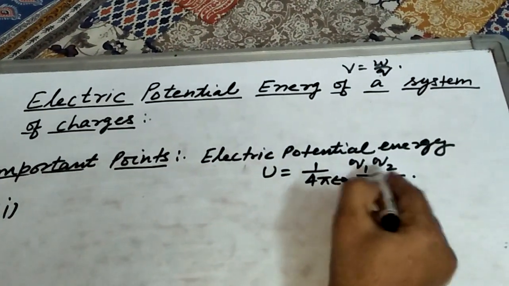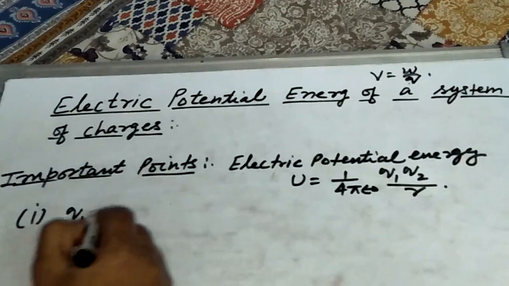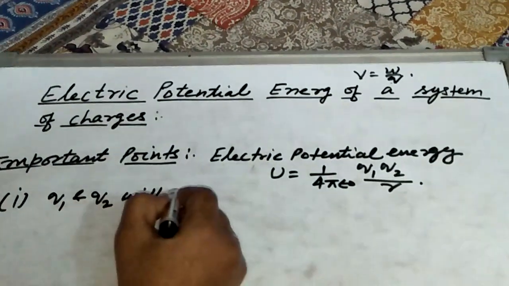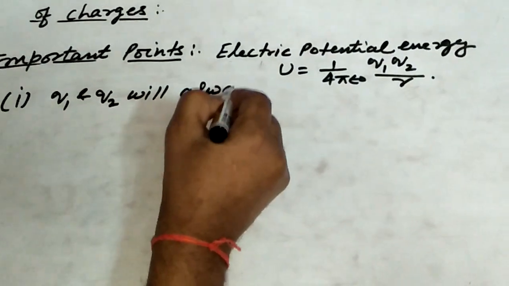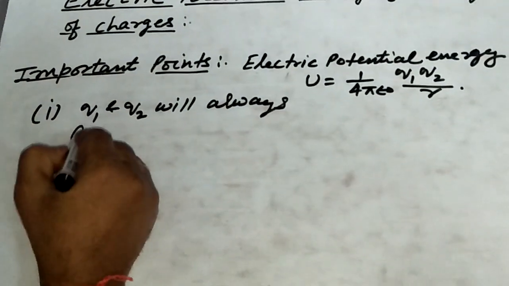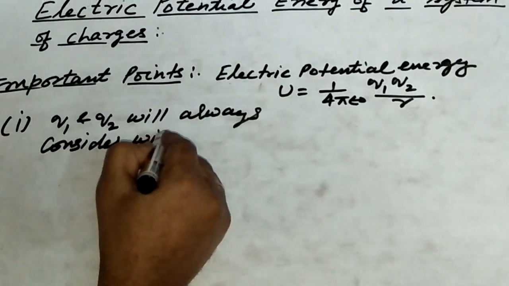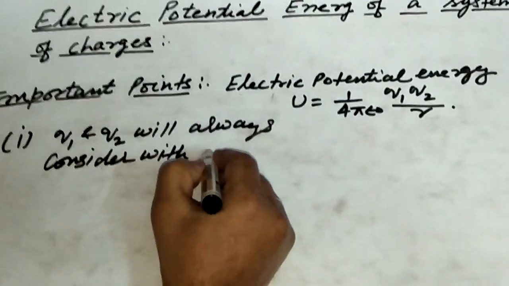And in this formula, Q1 and Q2 will always be considered with sign.